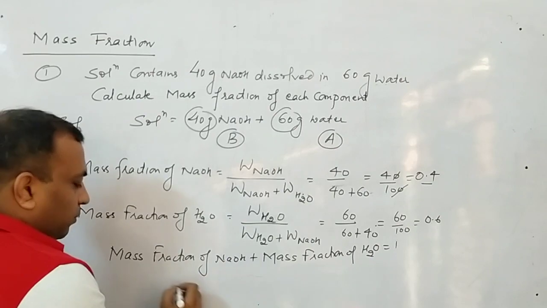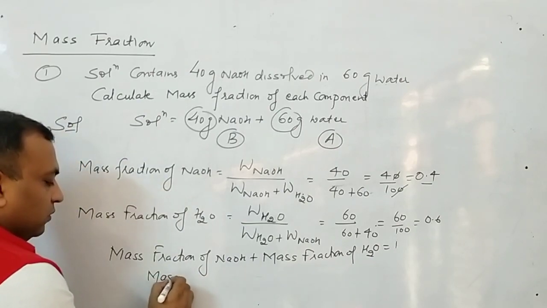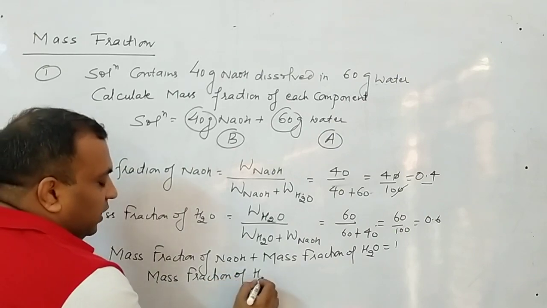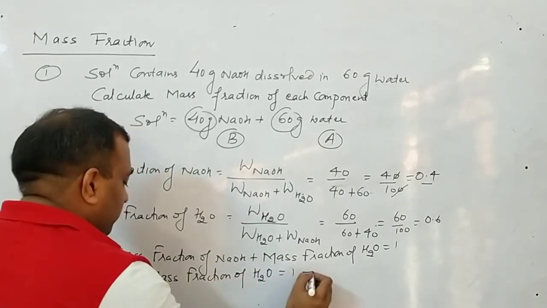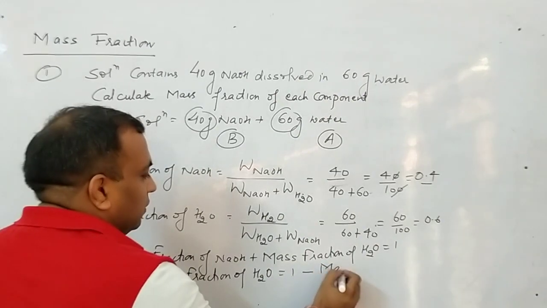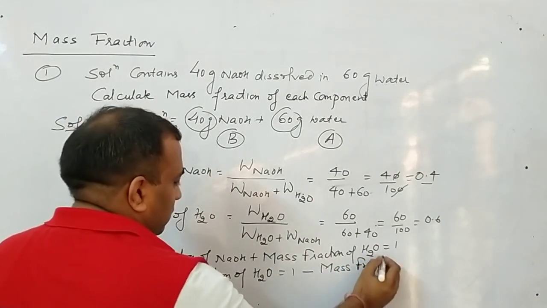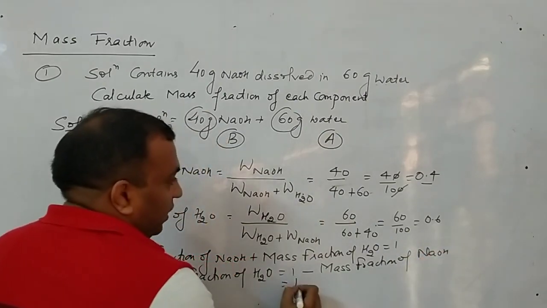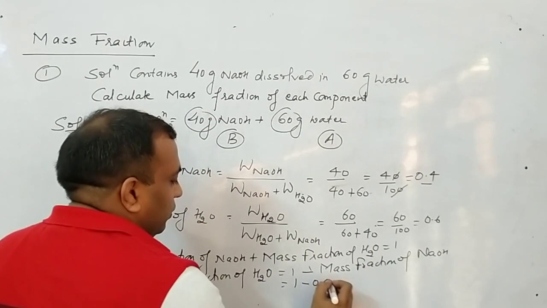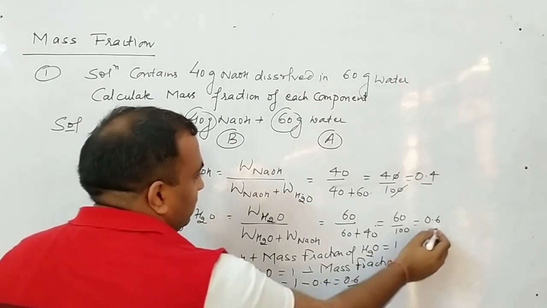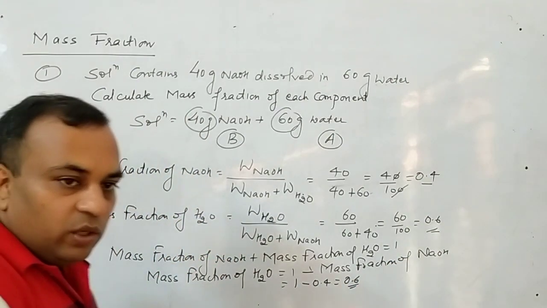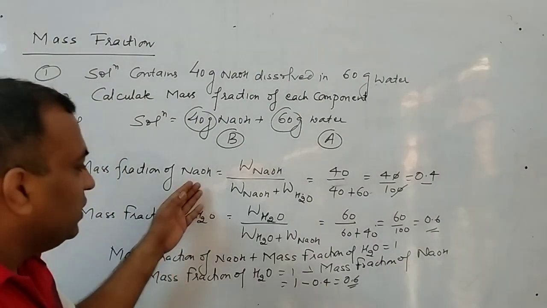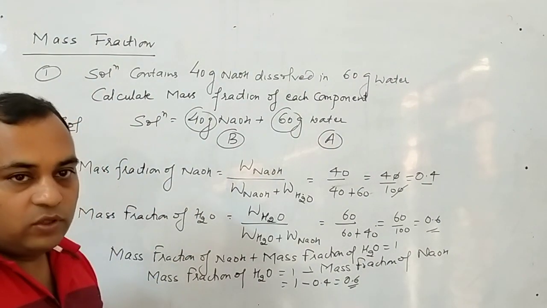So from here the mass fraction of water comes out to be 1 minus mass fraction of NaOH. So 1 minus 0.4, this comes out to be 0.6. Same. Clear to all of you? Now this is the way that we have calculated the mass fraction of NaOH and mass fraction of water. Clear to all of you?